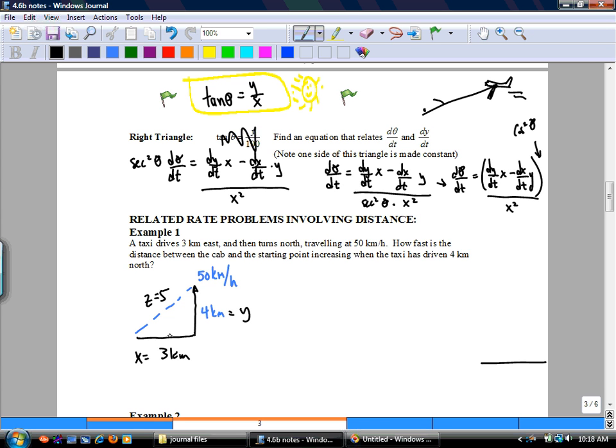We also know dy dt. What's dx dt? 0. Why? Because it ain't going any more easterly. It's only going northerly now. So dx dt is 0.